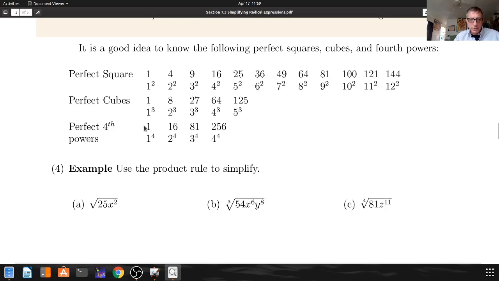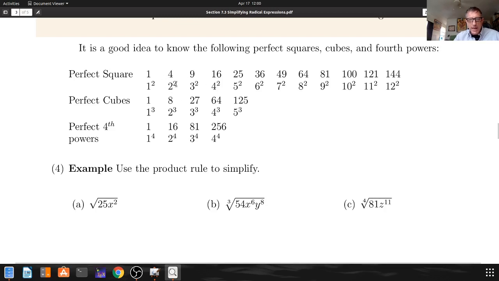Perfect cubes: you should know your perfect cubes all the way to 5. So 1 cubed is 1, 2 cubed is 8, 3 cubed is 27, 4 cubed is 64, 5 cubed is 125. And really your perfect 4th powers aren't that difficult. You actually already know them. Since 4 is a perfect square, then 4 cubed is the same as 2 to the 4th.